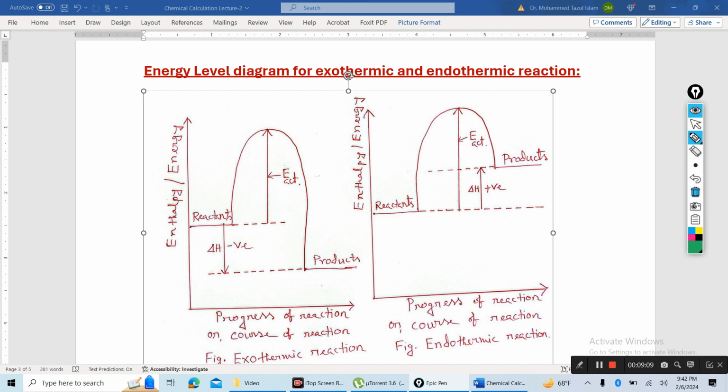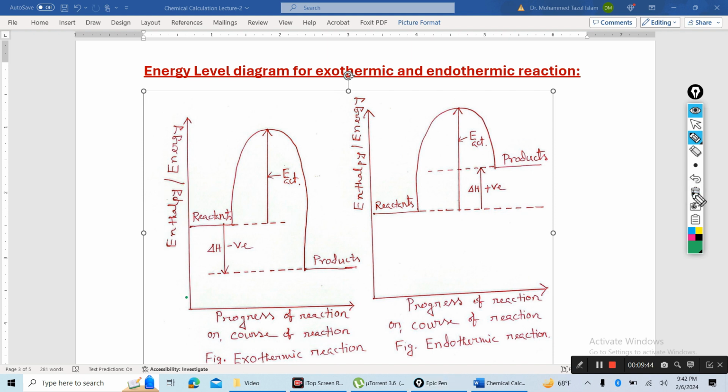Now first one, you see this y-axis, this is known as enthalpy or energy, and x-axis is progress of reaction, or you can write course of reaction, or you can write reaction path, and y-axis is the enthalpy.